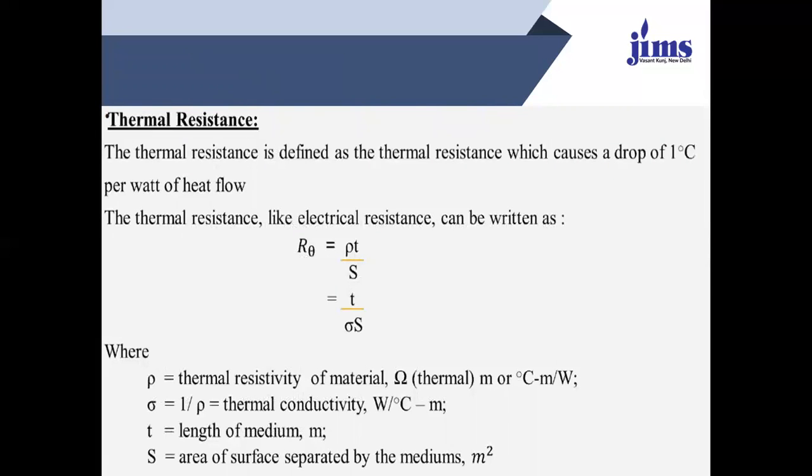The thermal resistance, like electrical resistance, can be written as R theta equal to rho T upon S, or T upon sigma into S, where rho stands for the thermal resistivity of the material, sigma equal to 1 upon rho is also called the thermal conductivity, T is the length of the medium in meters, and S stands for the area of the surface separated by the medium.